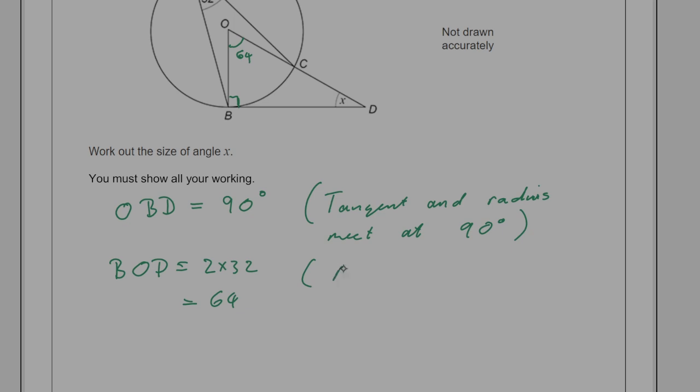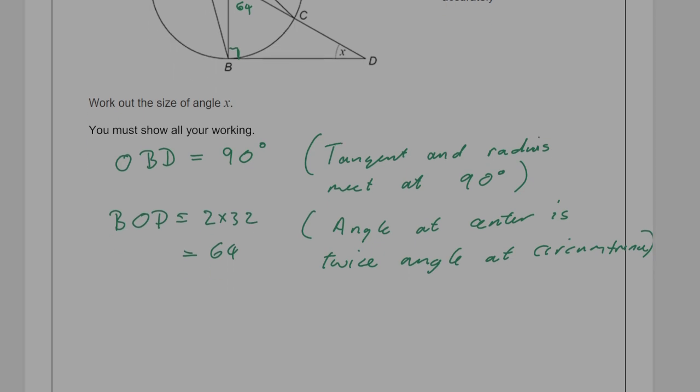And then the reason is angle at center is twice angle at circumference. And then I'm going to say angles in a triangle add up to 180.